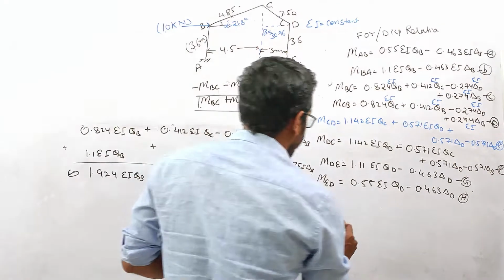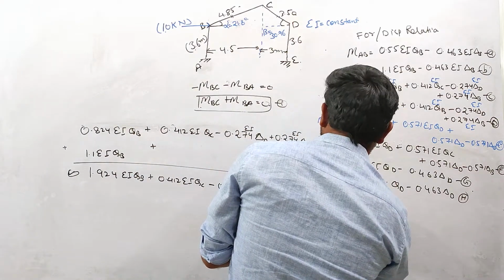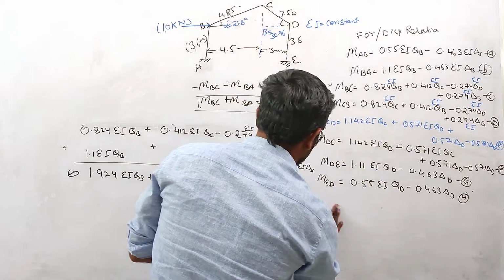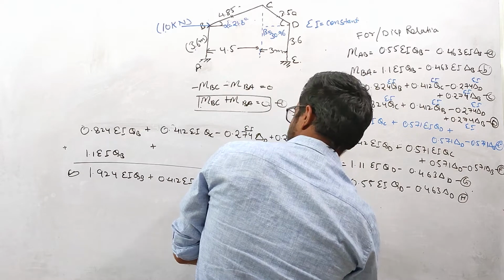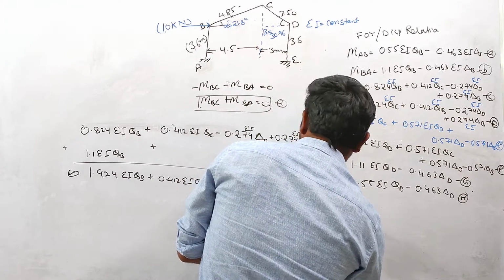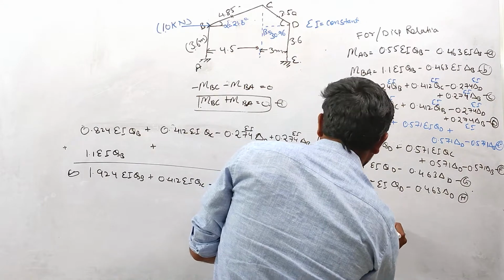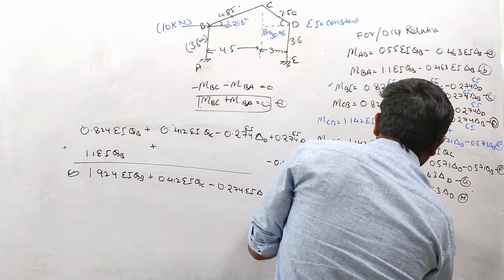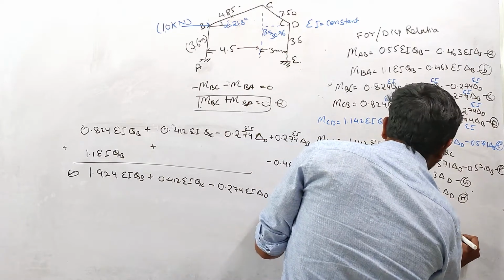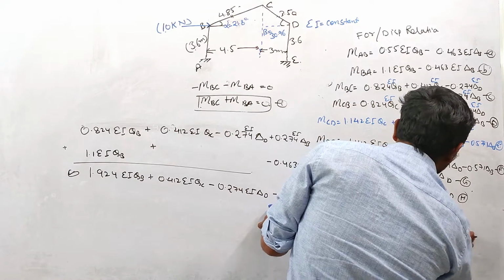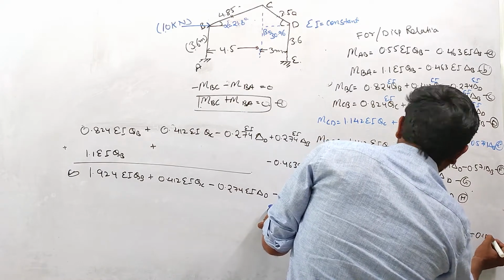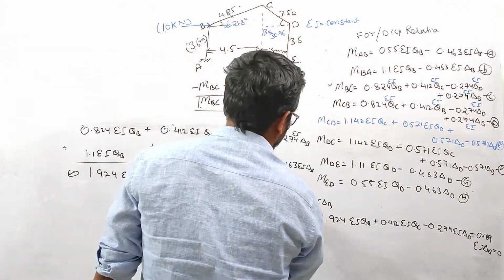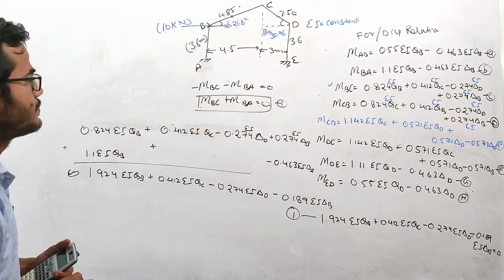So let us write this equation over here: 1.924 EI theta B plus 0.412 EI theta C minus 0.274 EI delta D minus 0.189 EI delta B equals to 0. So this is our first equation.